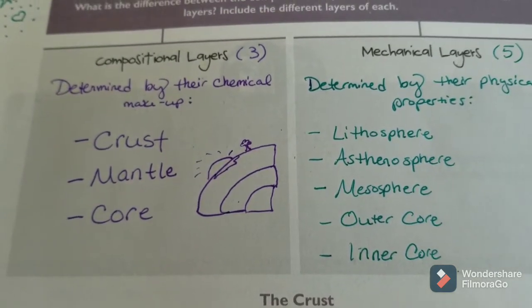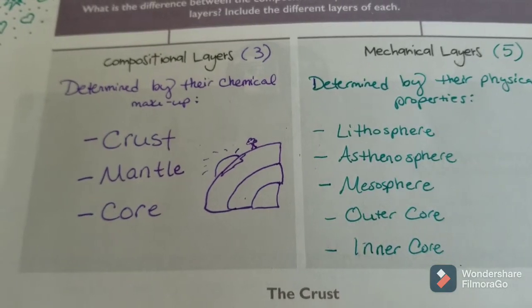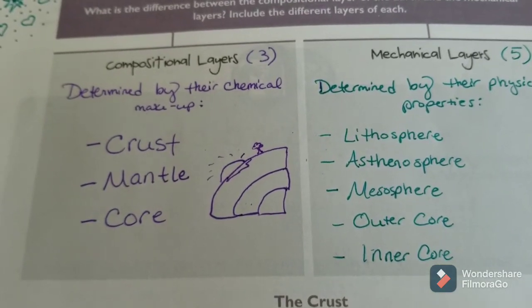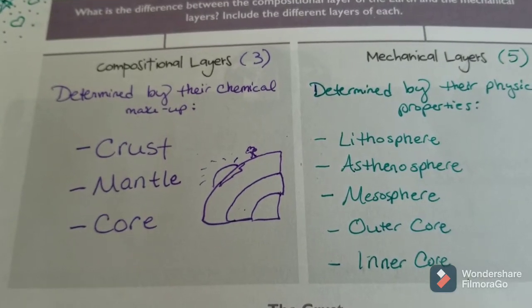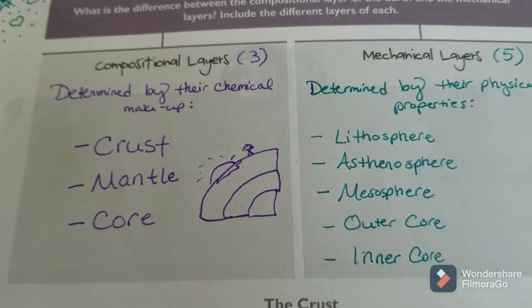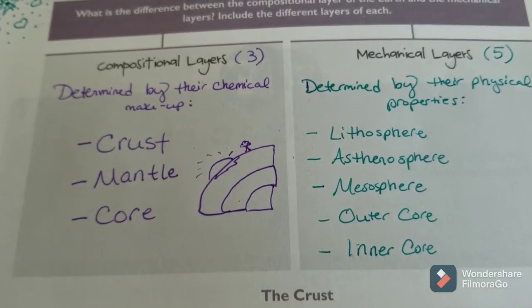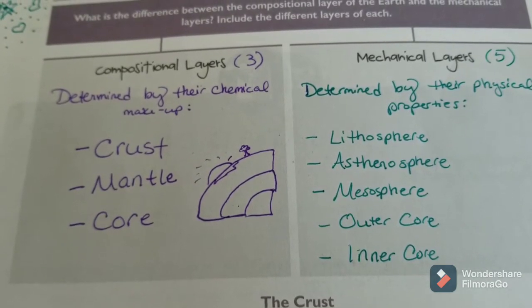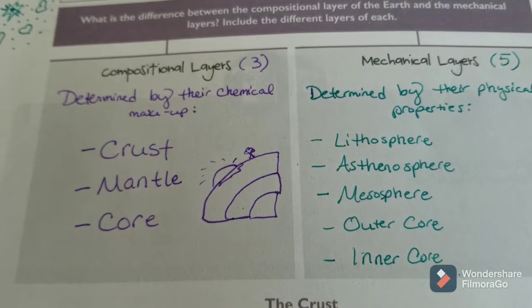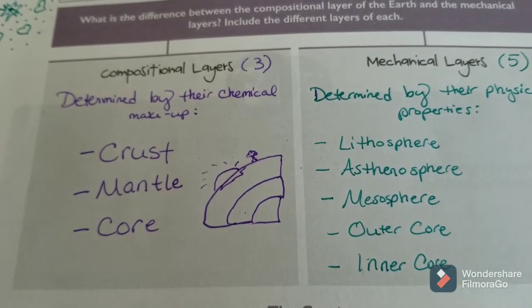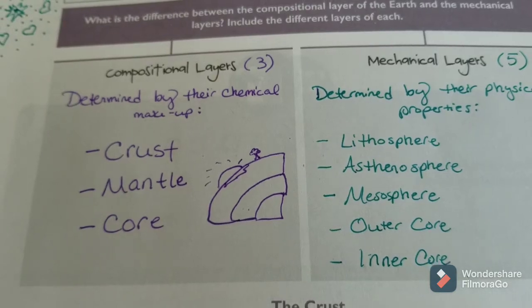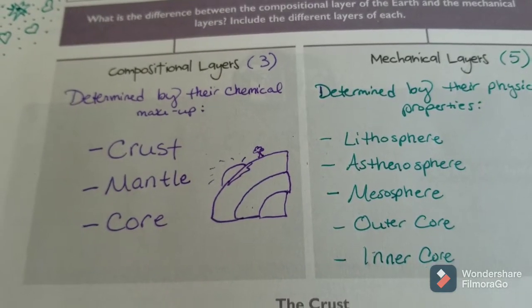And they are determined by their physical properties. The compositional layers, the core, mantle, crust, are determined by their chemical makeup, what makes them up. So physical properties would be, I think, more of what they look like, or where they're at, and chemical is what are they made of. Okay.